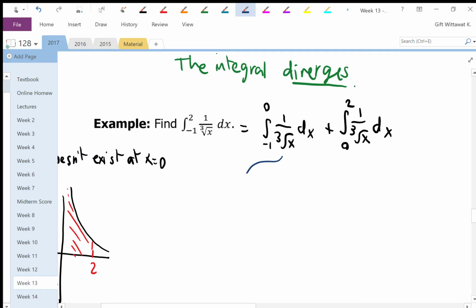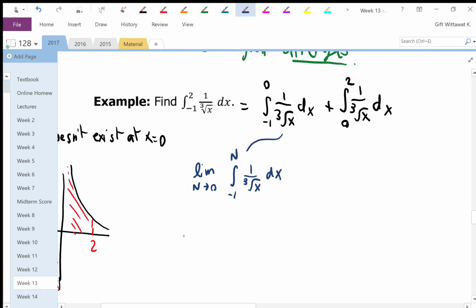The first one is going to be the limit as n goes to 0 of the integral from negative 1 to n of 1 over the third root of x dx. The integral of 1 over the third root of x, I'm just going to write on the side here. 1 over the third root of x is the same as x to the negative 1 third.